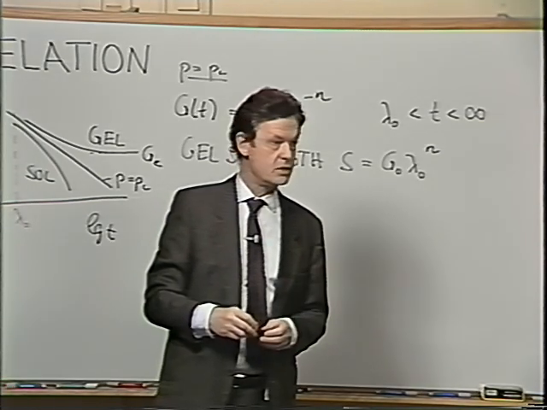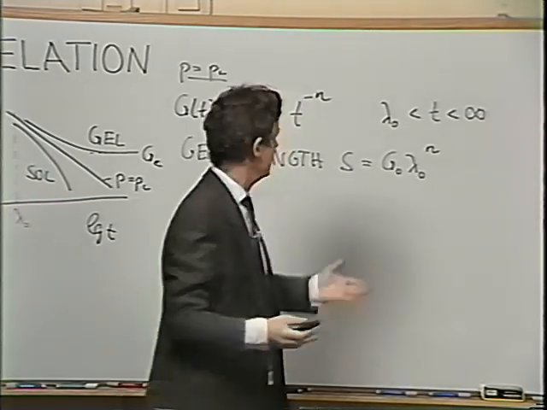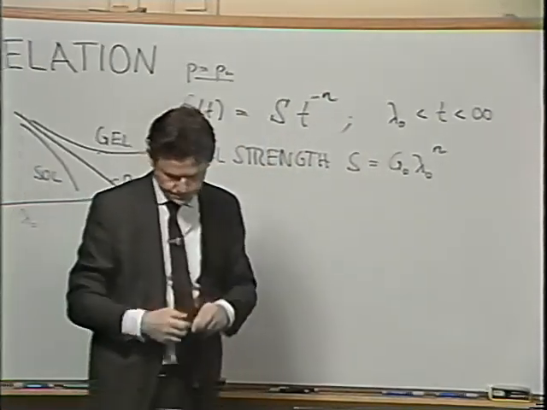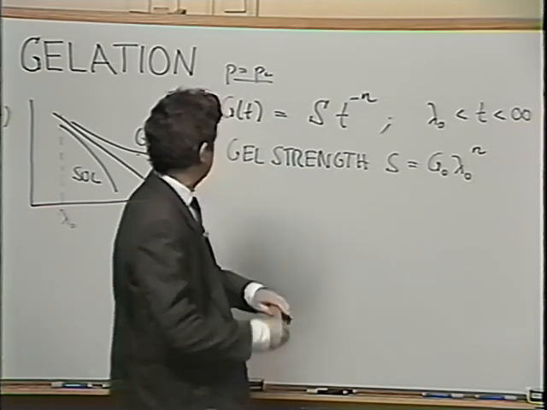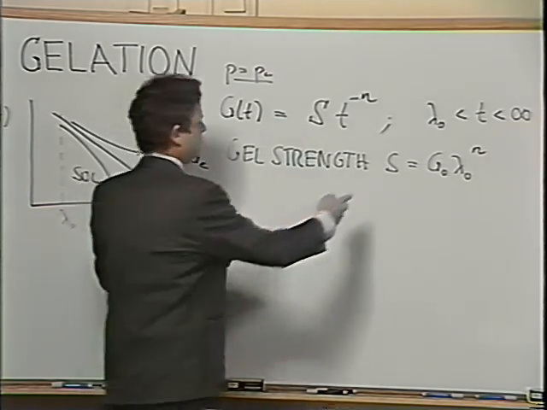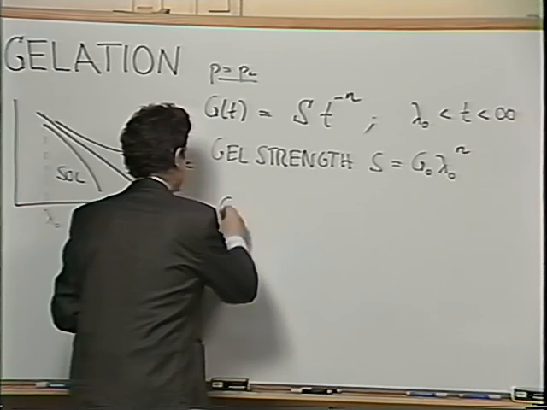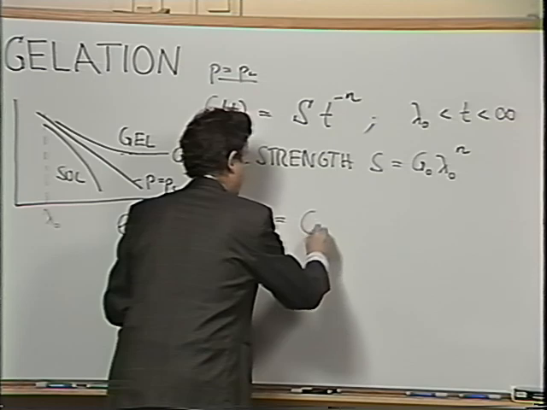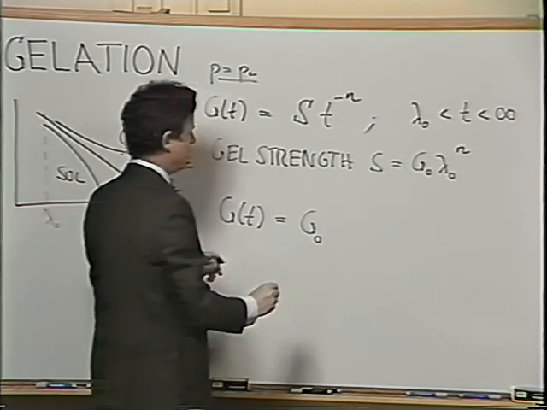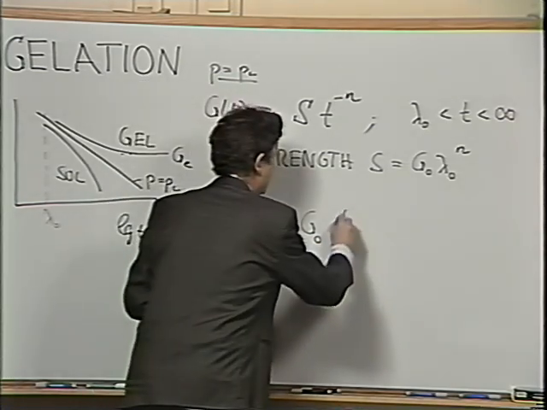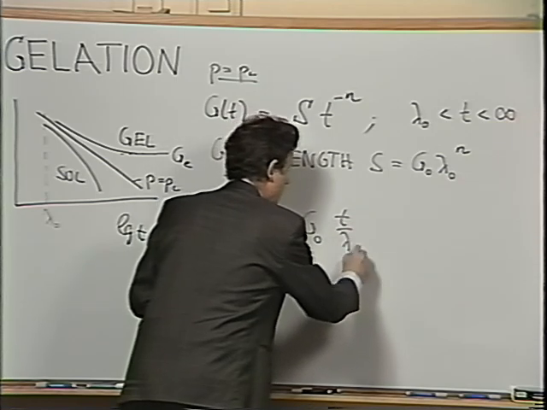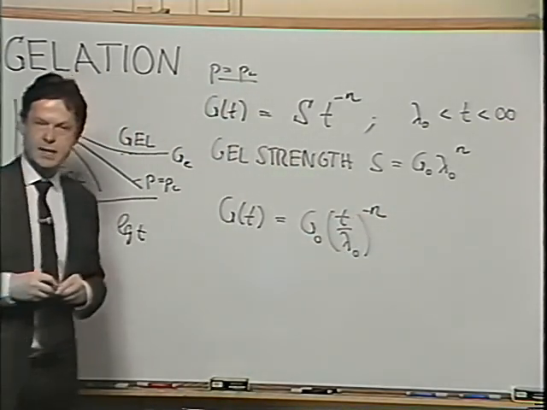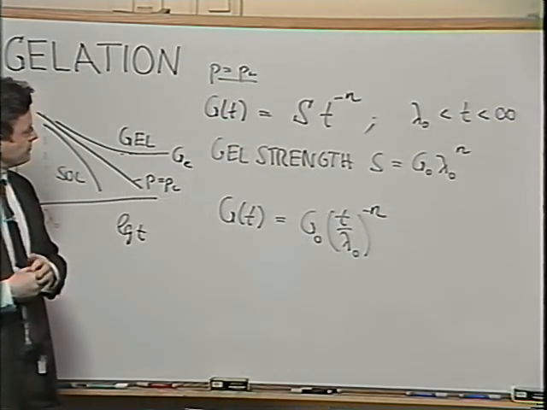Remember, the longest relaxation time at the gel point is infinitely large, and that's expressed by this range here. If you introduce this format, you could rewrite the relaxation modulus as a constant modulus times t over lambda 0 to the minus n power. And that's the relaxation modulus.